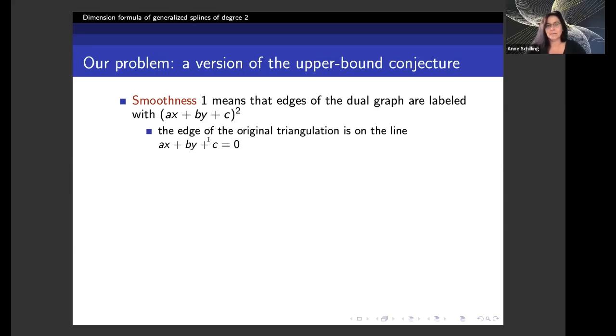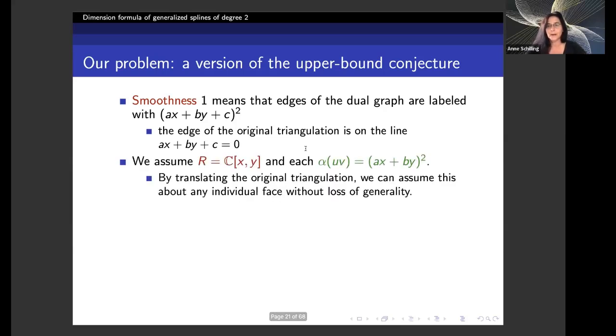This corresponds to the edge in the original triangulation lying on the line ax + by + c = 0. It turns out that if you align things in a proper way, you can get rid of the constant term c. So we are going to assume in this talk that our edge labels are all of the form (ax + by) squared. Furthermore, you can also assume that the coefficient of x is equal to 1.